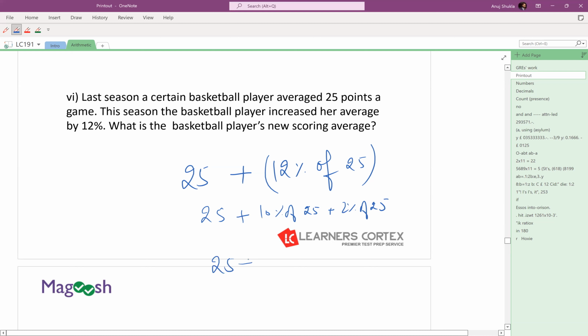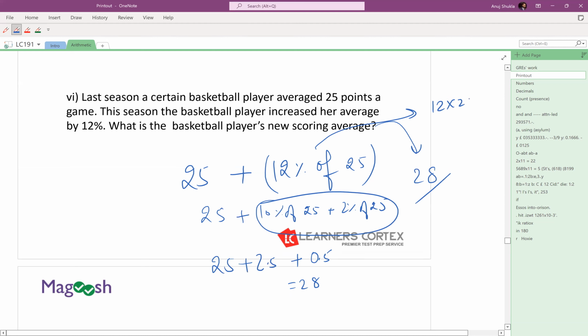So 25 plus 2.5, and 1% of 25 is 0.25, so 2% is 0.5. That is 3. So what is the new scoring average? That is 28. This is one method of solving it. Another method: 12 into 25 divided by 100, that is 3. 25 plus 3 is 28. Okay.